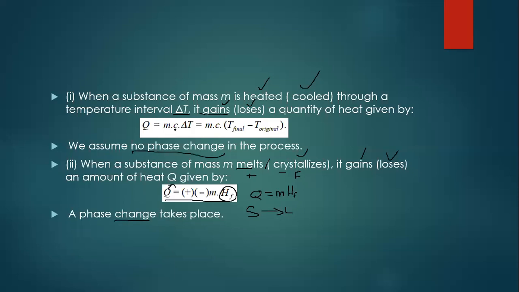At the moment when temperature is changing, we don't expect phase to change. But when we have heat of fusion like this, we expect the phase to change. What do we mean by phase? We mean it will turn from solid to liquid, or vice versa, from liquid to solid. Here phase changes, all right?